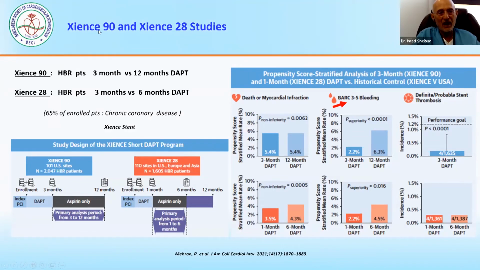Again, from the SCIENCE 90 and SCIENCE 28 studies, showing that, again, no difference in clinical events, but major bleeding, I would say, is significantly, markedly reduced, reducing the duration of DAPT from 6 to 3 months.